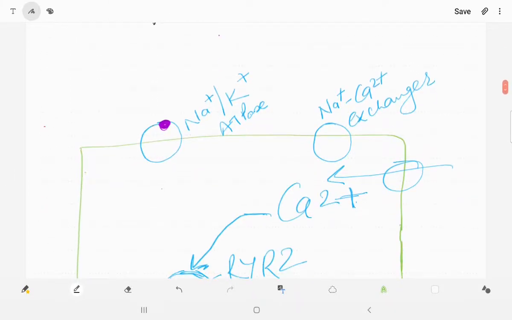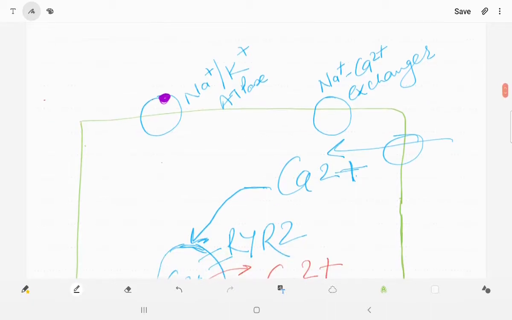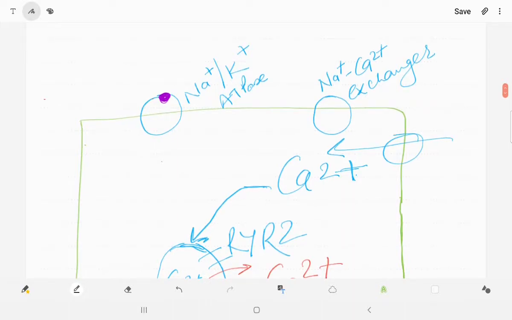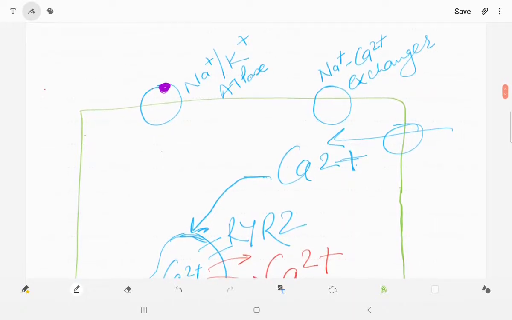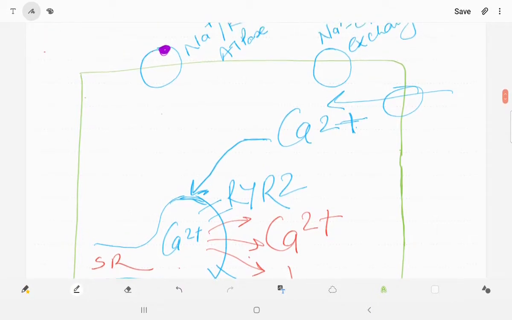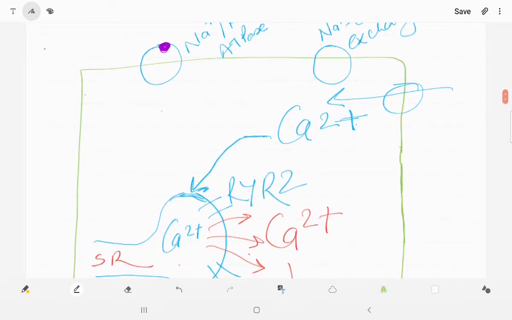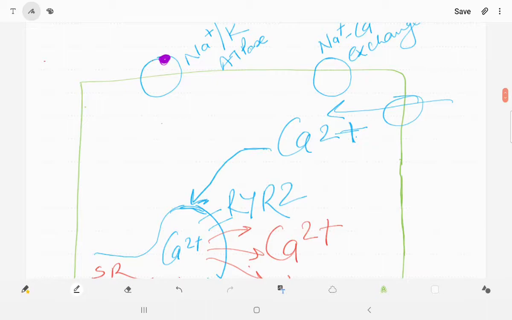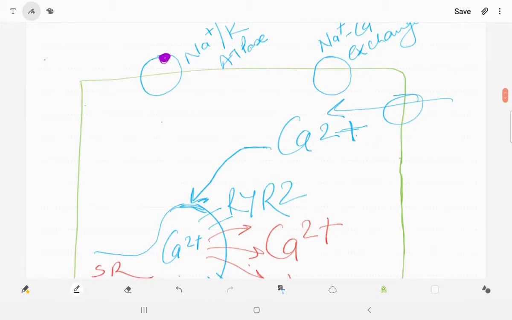Before understanding its mechanism of action, we need to understand exactly how cardiac muscle gets contracted. So let us start from depolarization.